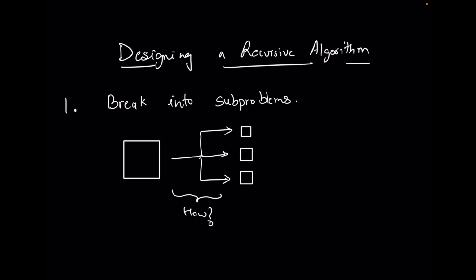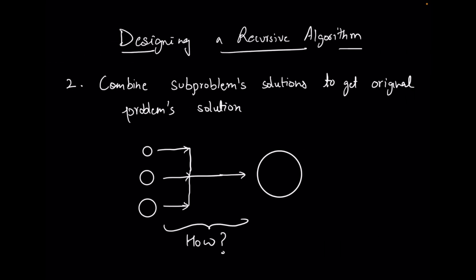The second step is, just assume that you've obtained the solutions to these sub problems, how would you combine these solutions to get the solution of the original problem, right?